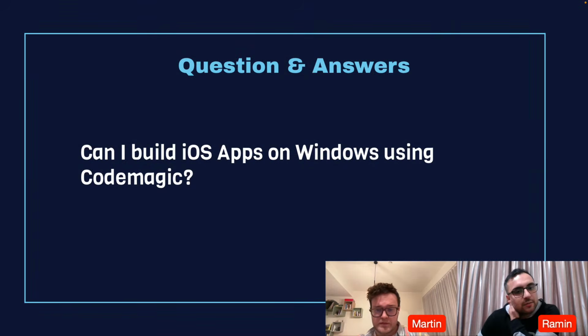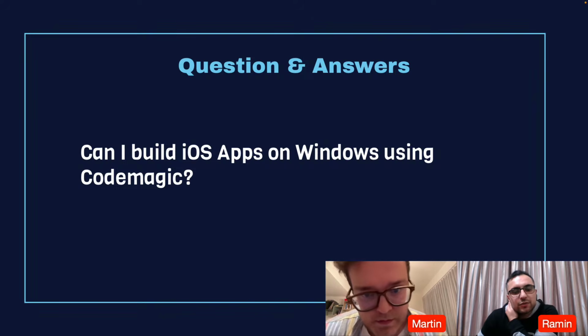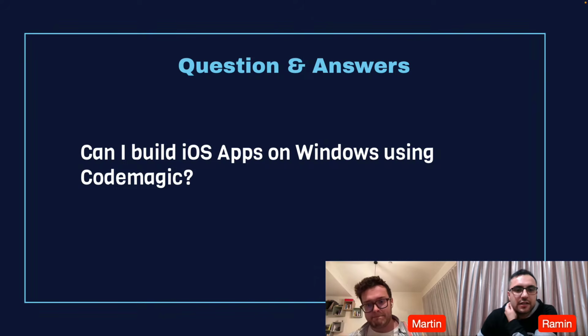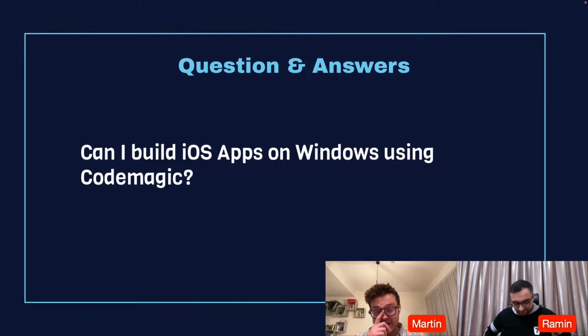Okay, there is another common question which most people have: can I build iOS apps on Windows using Codemagic? Yeah, I wrote an article about this as well. There is a difference between building and developing.